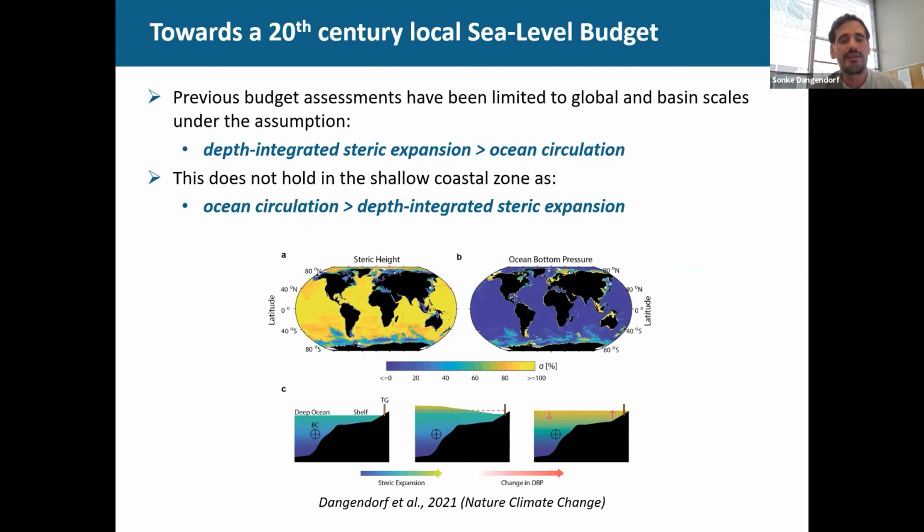The problem here is that the steric component is defined as the depth integral of the density changes, meaning that the deep ocean has a much higher potential to produce steric sea level changes than the shallow coastal ocean.